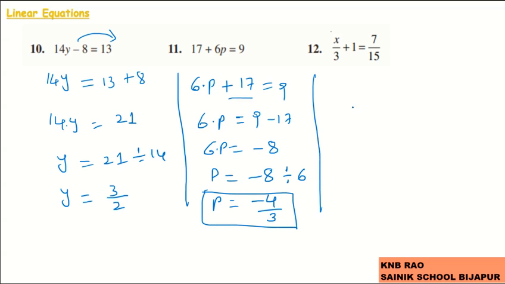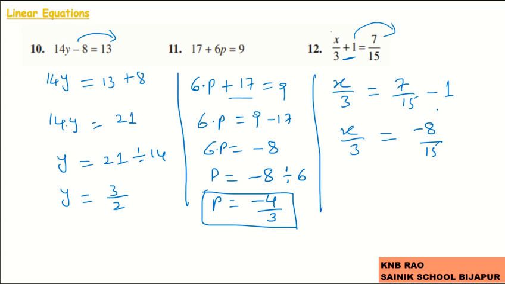Now coming to the question number 12. First, this addend to be removed. So by transposing, it becomes subtrahend from left hand side to right hand side. Now 7 by 15 minus 1 by 15 is minus 8 by 15. So x by 3 equals to minus 8 by 15.